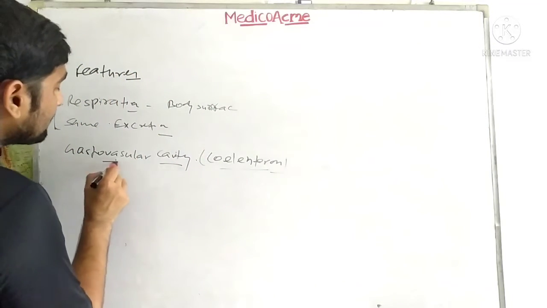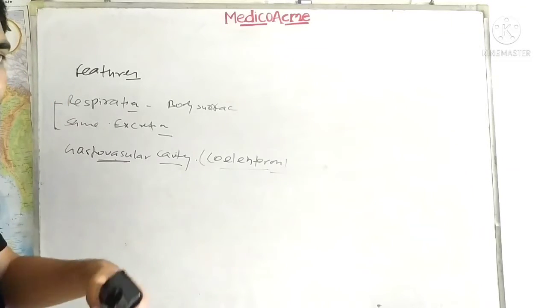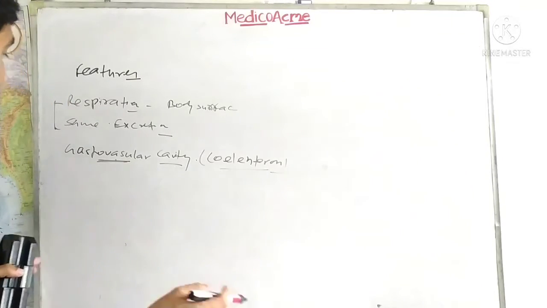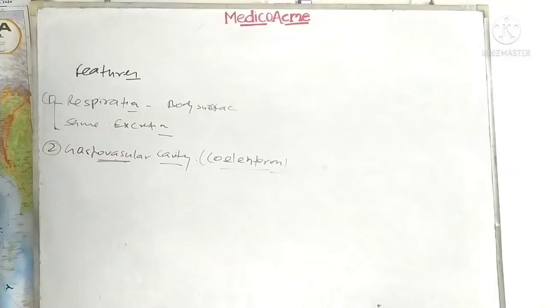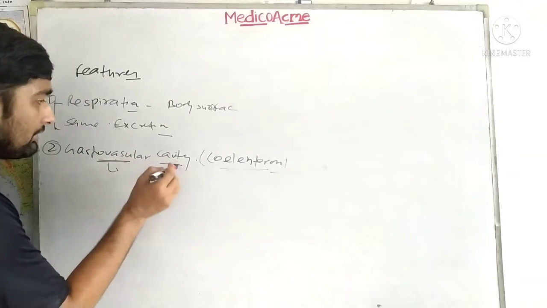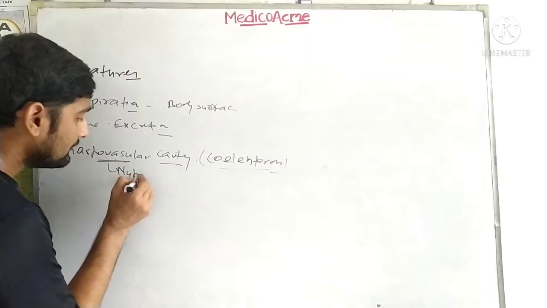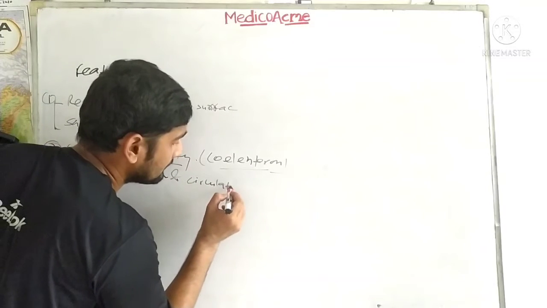So this becomes the gastrovascular cavity, where the water comes in and goes out. So this is the second thing from where nutrition and circulation occur. The gastrovascular cavity is very much needed for nutrition and circulation.